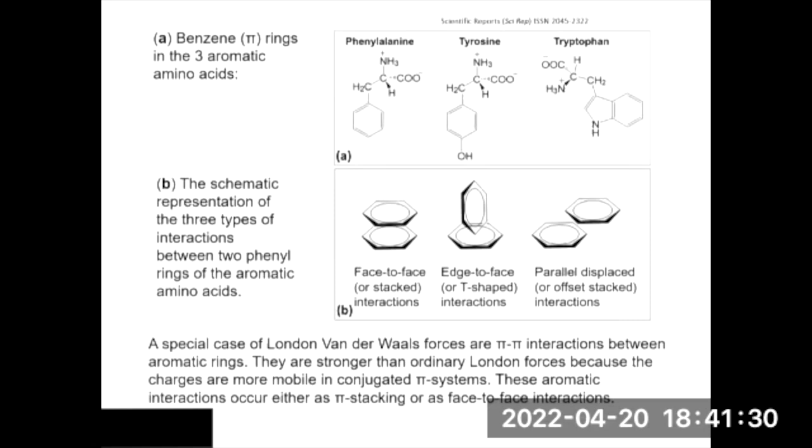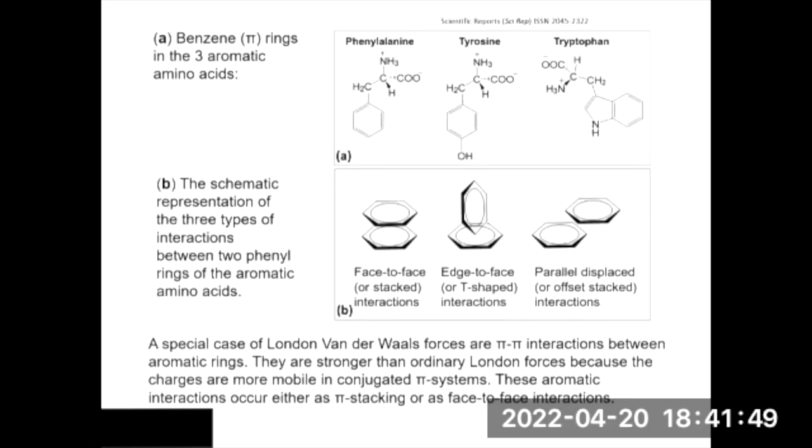by means of these interactions. It is in fact quantum mechanical chemistry, and they are in fact using the London van der Waals forces to push each other, so to speak.